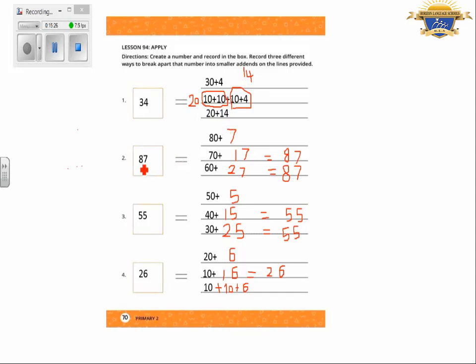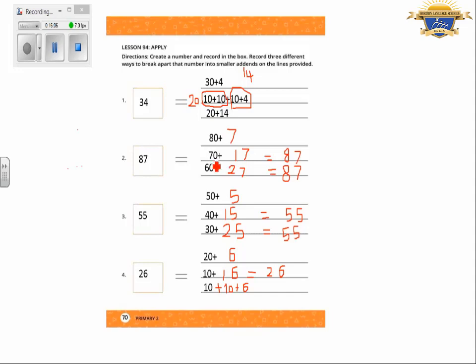In this problem I have 8 tens as 80 and 7 ones as 7. So the next way I will take 10 from 80, so the 80 will be 70, and I will add this 10 to 7, so 7 plus 10 equals 17. So I decompose number 87 into 70 plus 17.